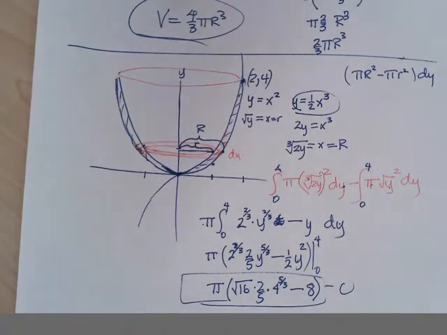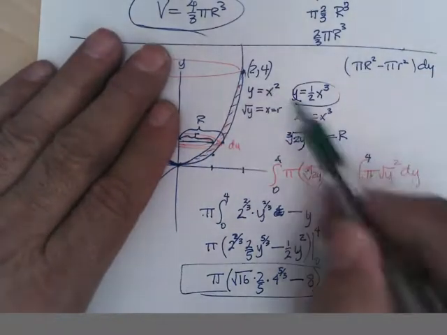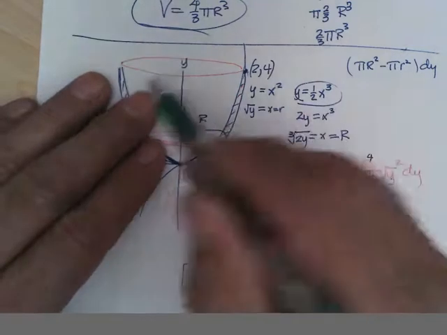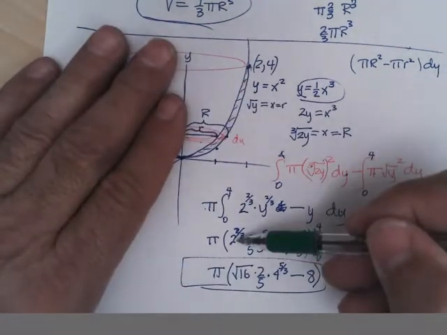Now, what if I spun this area between these two curves not around the y-axis, but around the x-axis?